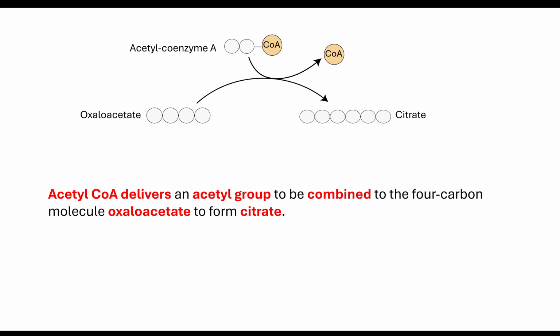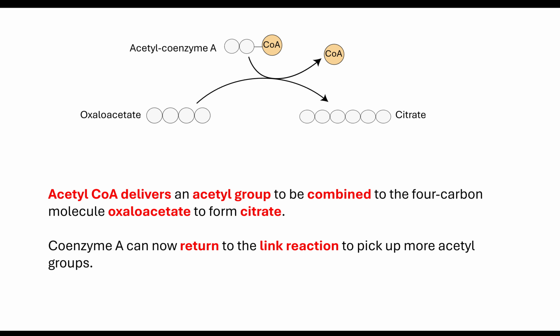They are the named molecules that you need to know for the Krebs cycle. Now, the minute the coenzyme A has delivered and transferred the acetyl group, it is now free to return to the link reaction to pick up more acetyl groups.